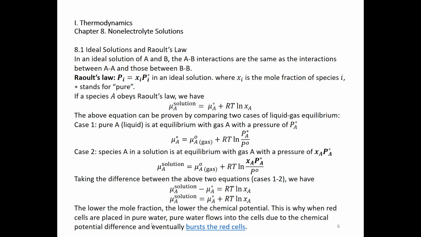That means the chemical potential of water inside the red cell is lower than the chemical potential of pure water outside, and the water flows into the lower chemical potential region from the higher chemical potential region. That's why pure water can flow into the cell due to this chemical potential difference, and eventually it can burst the red cells.